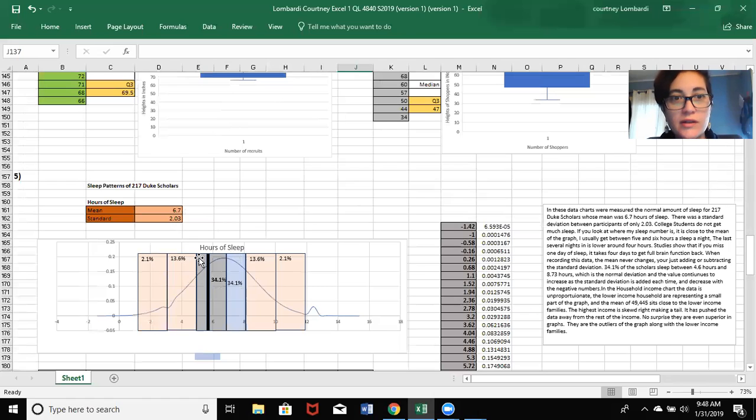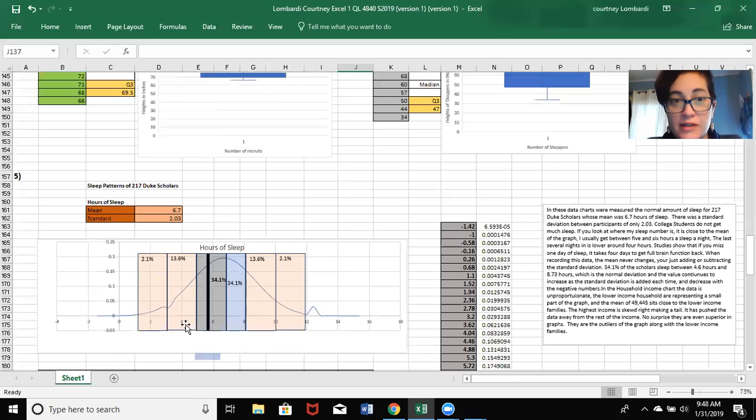So college students don't get a lot of sleep. If you look at my sleep number, we are about 5.5 hours a night. Lots of nights I go to bed around 12, and we get up between 5:30 and 6. But the last couple of nights, I've been going to bed about 2 and getting up at 6.